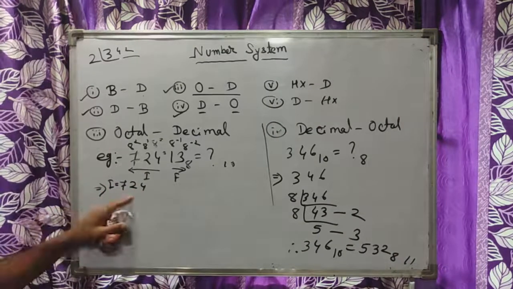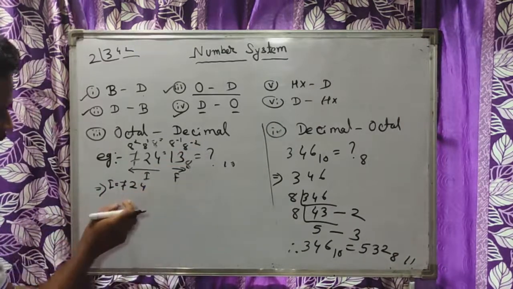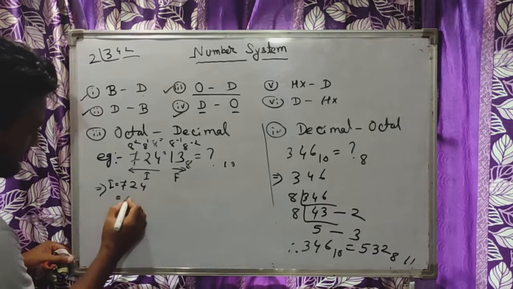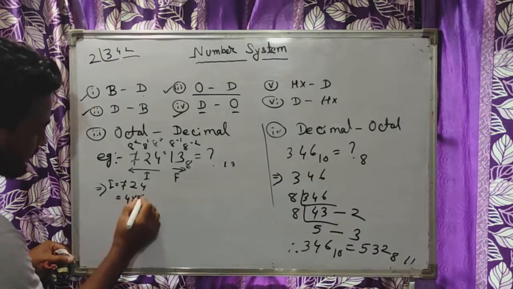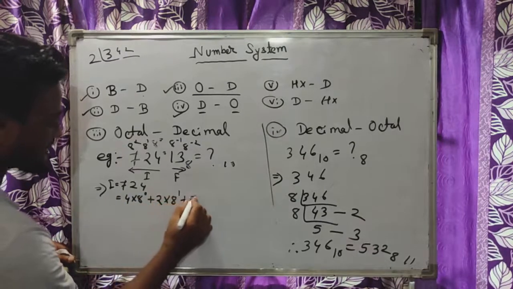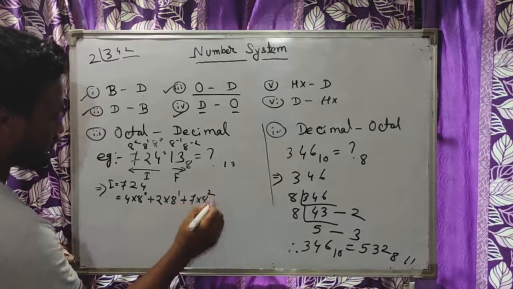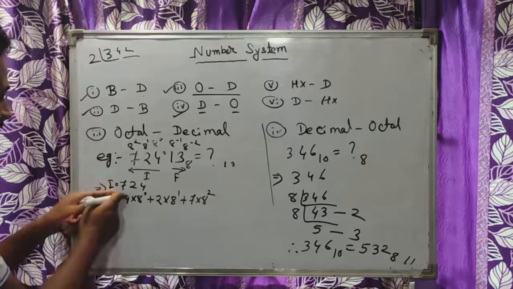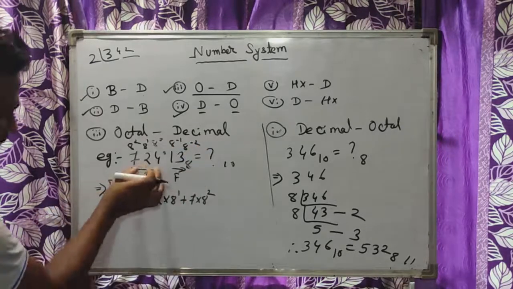In order to get the decimal of this number, we have to follow multiplication. So 4 into 8 to the power 0, plus 2 into 8 to the power 1, plus 7 into 8 to the power 2. After multiplying and adding, we will get the decimal number for this integer portion.